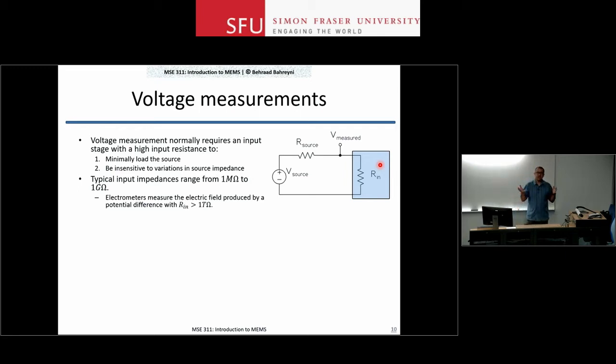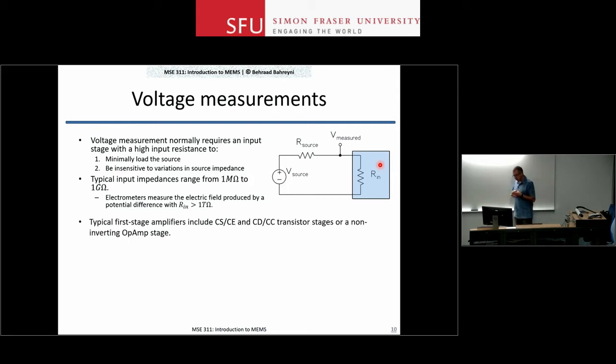They essentially have an open circuit at the input. And what you measure is the field, the electric field that is produced by the voltage you apply to the input of these devices. So you convert the voltage into a field and then measure the field. And the input resistance can be more than a tera ohm in that kind of situations.